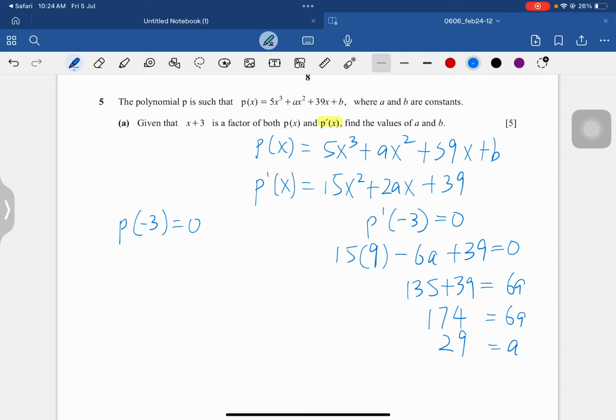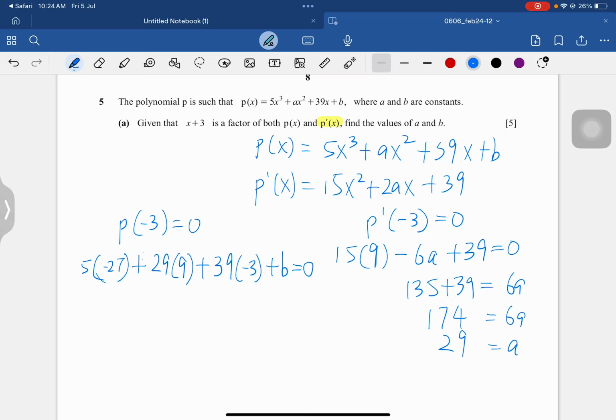So sub in here: 5 times minus 3 cubed will be minus 27, plus 29 times minus 3 squared will be 9, plus 39 times minus 3 plus b equals 0.